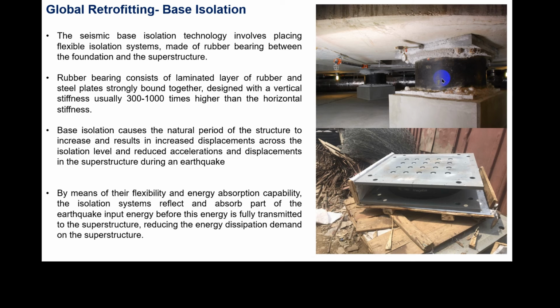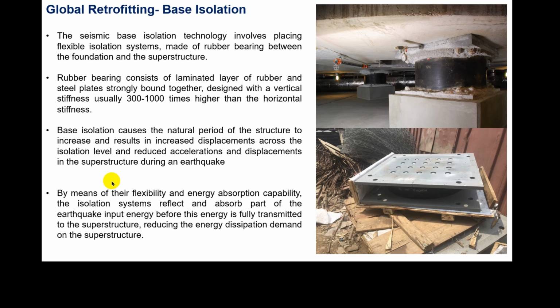It has laminated layers of rubber and steel plates strongly bound together, designed with a vertical stiffness 300 to 1000 times higher than the horizontal stiffness. And the vertical stiffness is very high, and it causes the natural period of the structure to increase, and results in decreased displacement across the isolation level and reduced acceleration and displacement in the superstructure during the earthquake.